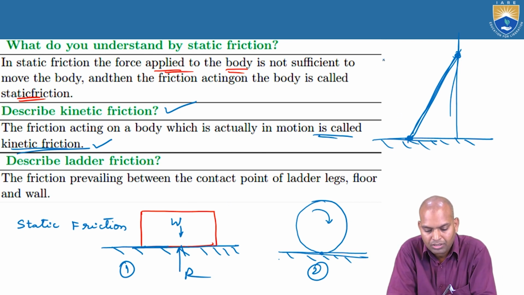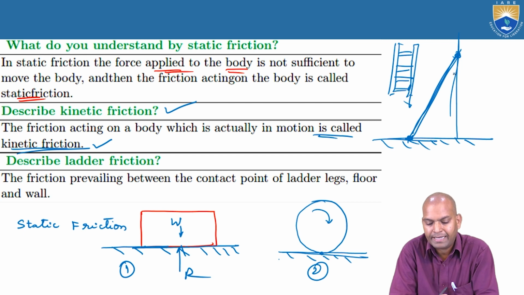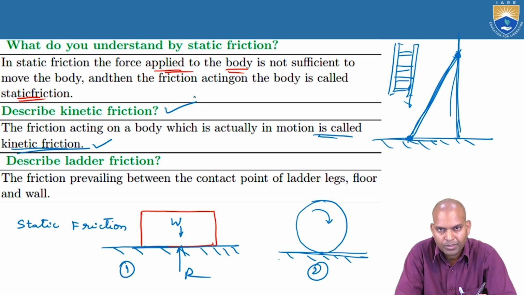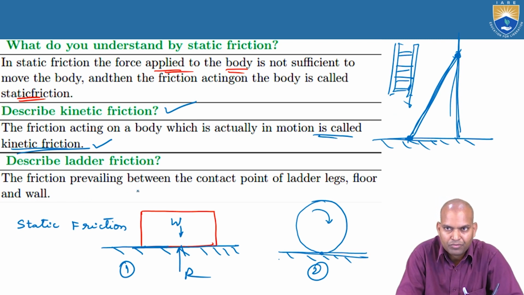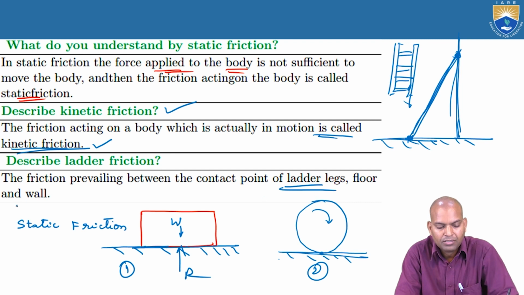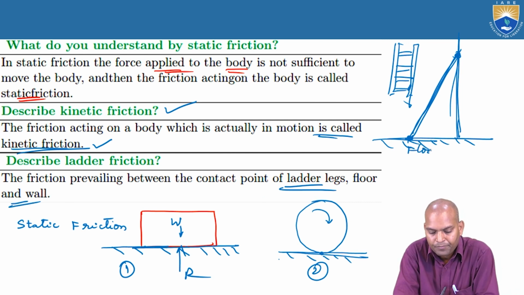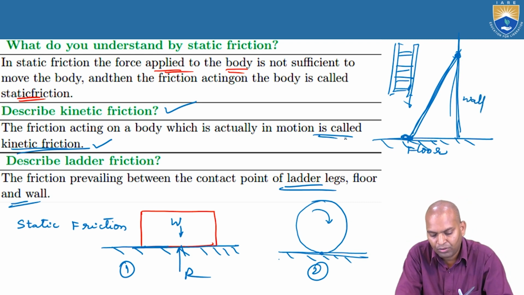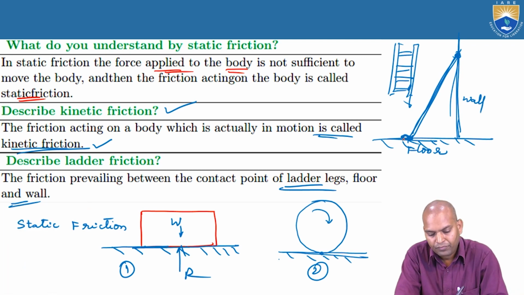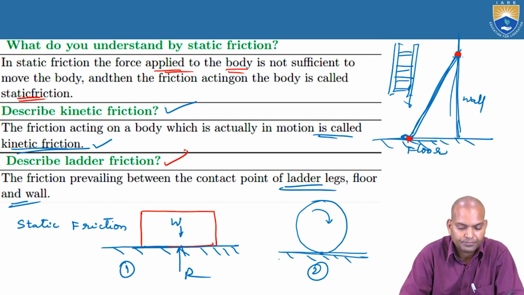Here the ladder has strings, and it is kept sliding on the wall in such a way that you can paint the walls or fix bulbs and so on. So the friction prevailing at the contact points of the ladder legs with the floor and the wall, that is, between the ladder and the floor and between the ladder and the wall, is known as ladder friction.